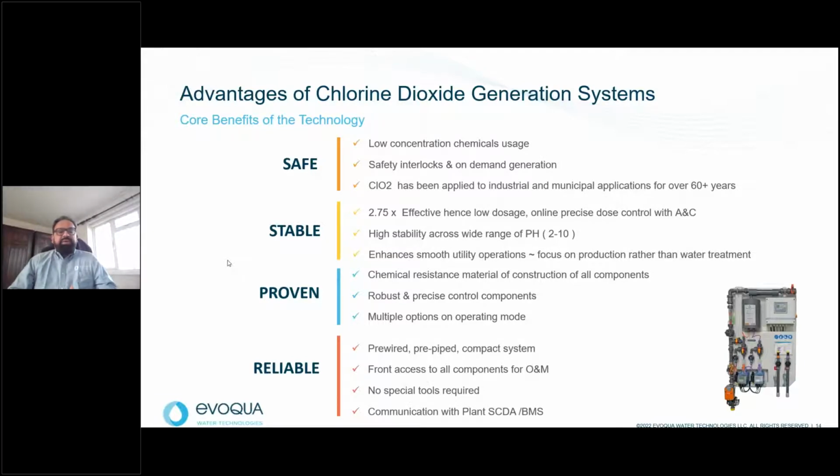The beauty of the equipment is that you do not need special tools or tackles for any operation or maintenance, and as you can see, all the components are accessible for operation and maintenance from the front. The PLC-based panel, which is a robust Siemens PLC-based panel, can communicate with any type of building management system or SCADA.